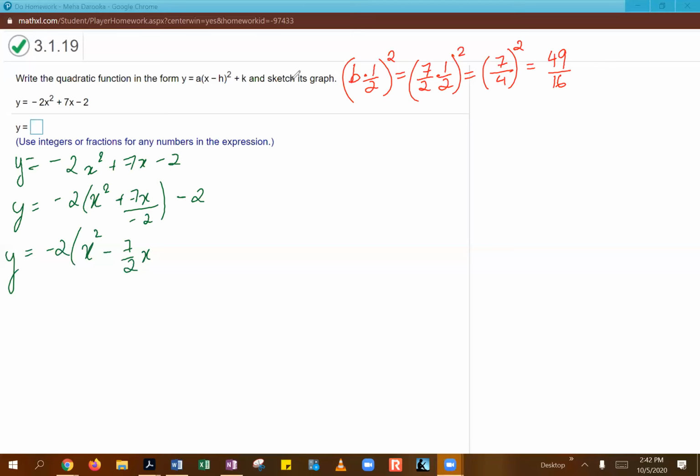So coming back to our equation, then we've got our x squared minus 7/2 x, and then remember, this is where you add and subtract this number at the same time. So add 49/16, subtract 49/16, and then we still have that minus 2 on the outside.